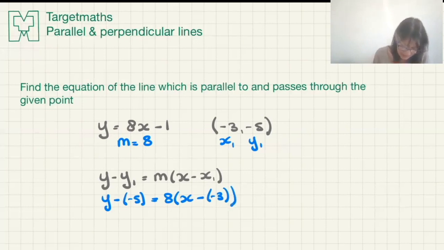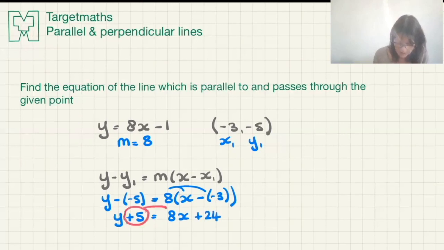Right, let's do some of this maths. I've got y plus 5 equals, I'm going to expand this, 8x. And then here, those two negatives make a positive, so I'm doing 8 times 3, which is 24. Just need to get that y on its own, so we're going to pick that up. It's going to land as -5.